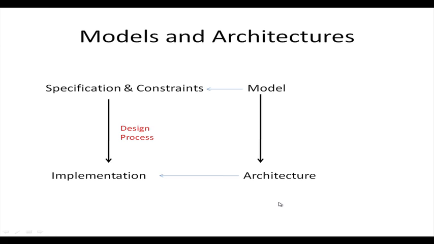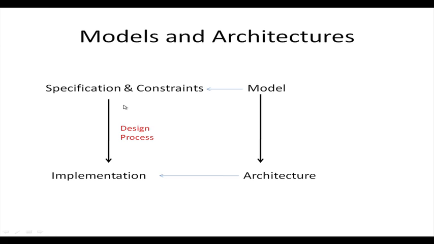It may be a multiprocessor unit or a uniprocessor configuration, it may be a DSP, a normal processor, or an ASIC. So, that we have to decide. Now, given this specification and constraints, the design process converts them to an implementation, and that implementation takes as input the architecture on which you are mapping. We often call that the specification to implementation mapping issue, which we will cover later.